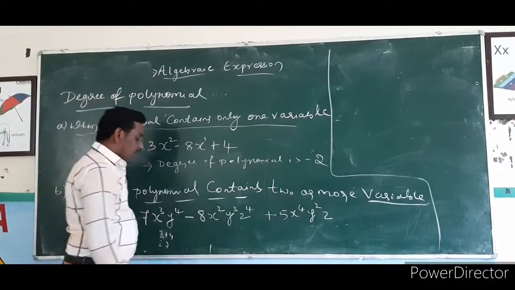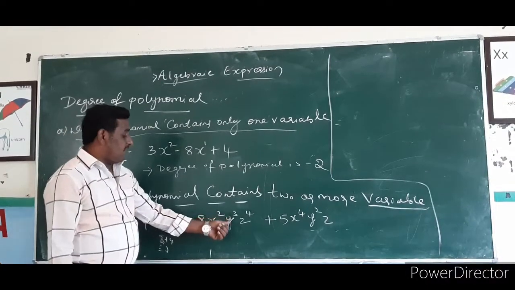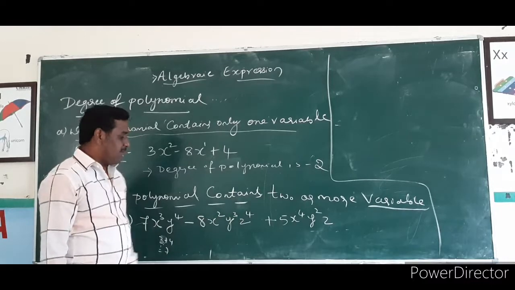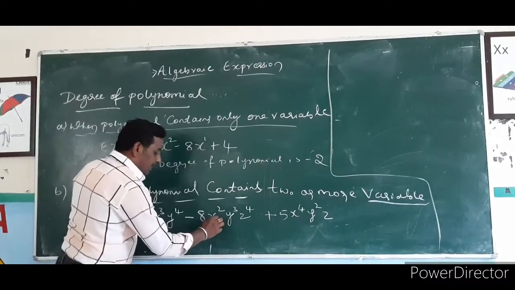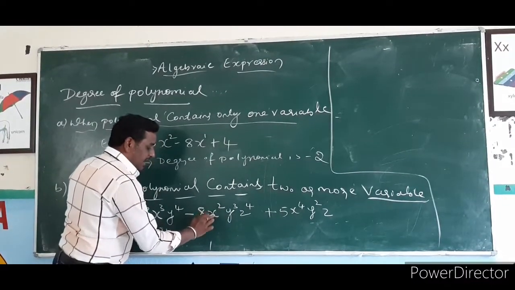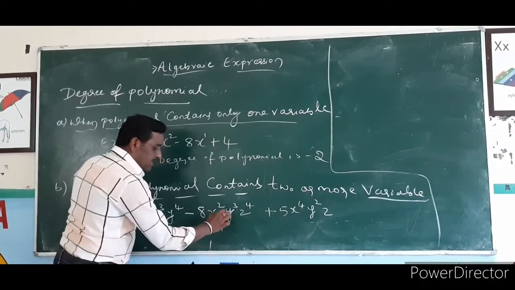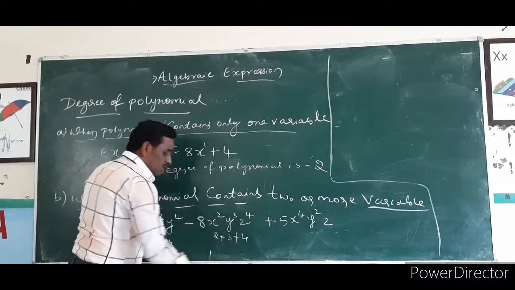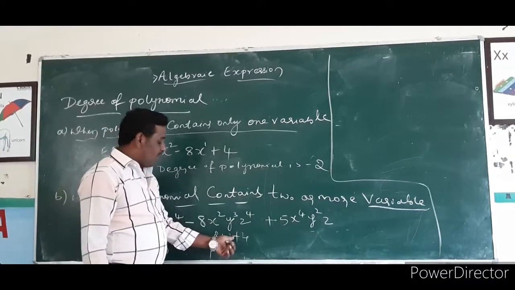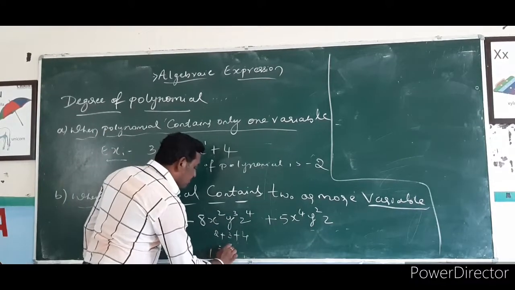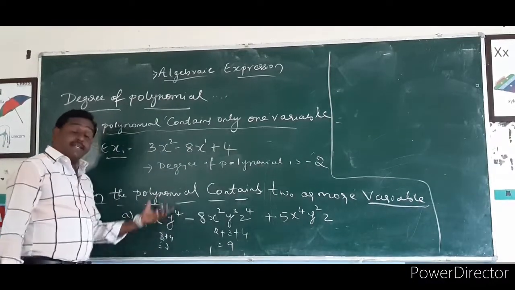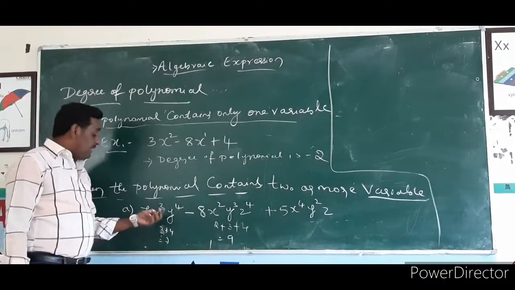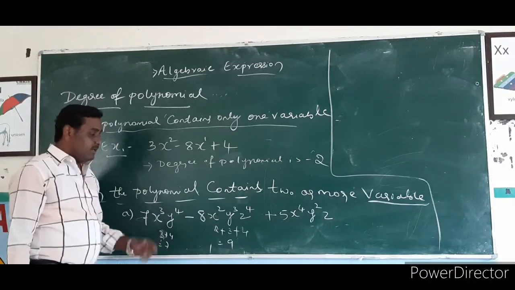Next, here minus 8 x square, y to the power of 3, z to the power of 4 is there. So look here. x square, x power is 2, plus y power is 3, plus z power is 4. 2 plus 3, 5. 5 plus 4 is equal to 9. I am writing each term's power, adding the variable powers.